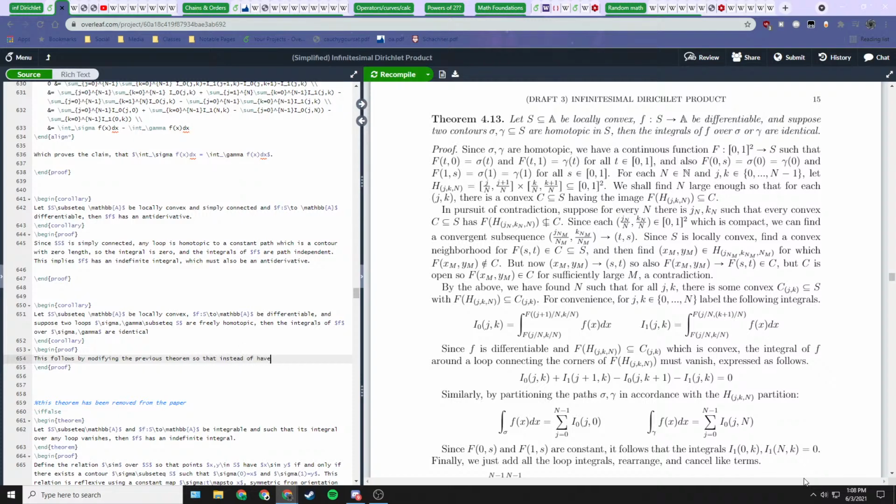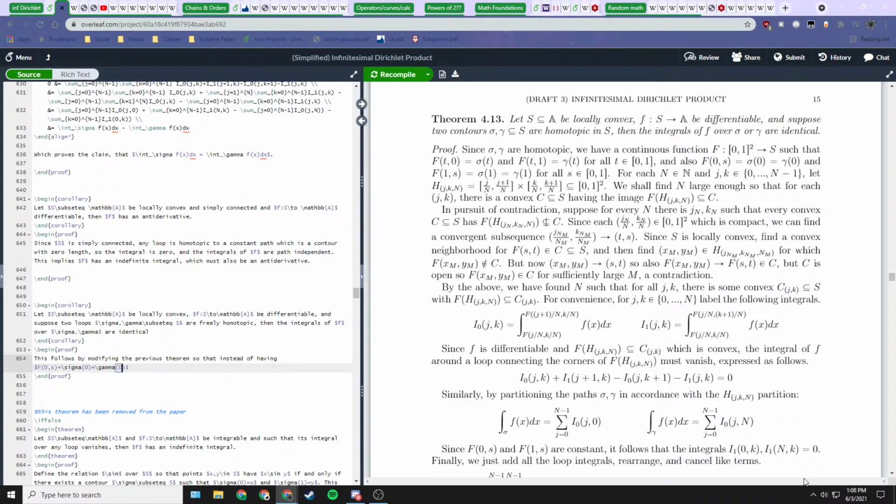Instead of having f0, actually we want to say f0s be sigma 0, which is gamma 0, and f1s be sigma 1, which is gamma 1.